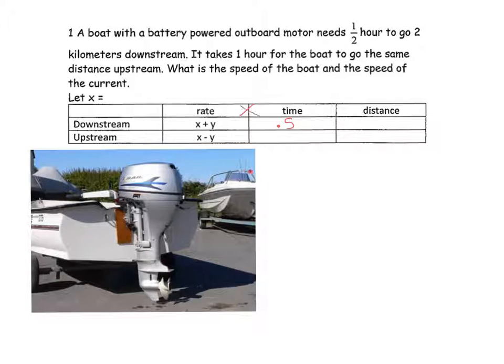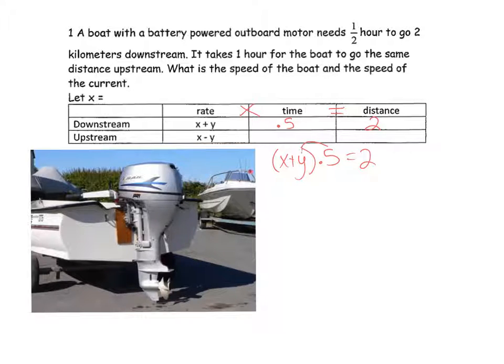Remember, it's rate times time equals distance. It also tells me to go 2 kilometers. Where do I put my 2? Distance, how far I went. That's my first equation. Let me write it out. x plus y times 0.5 equals 2.